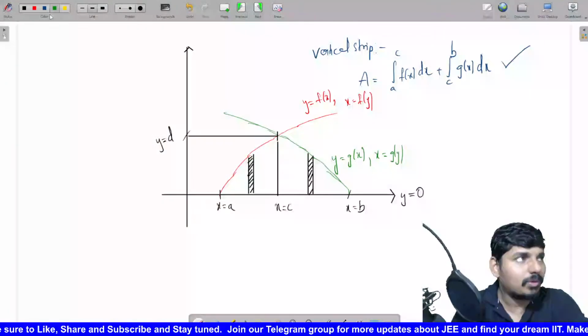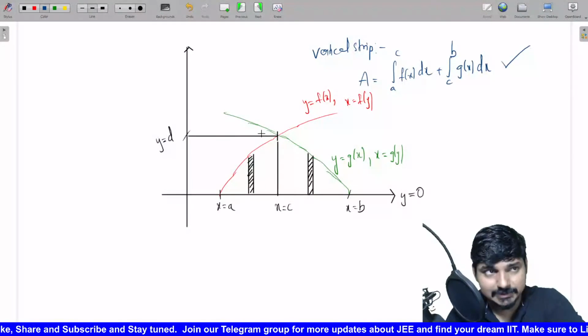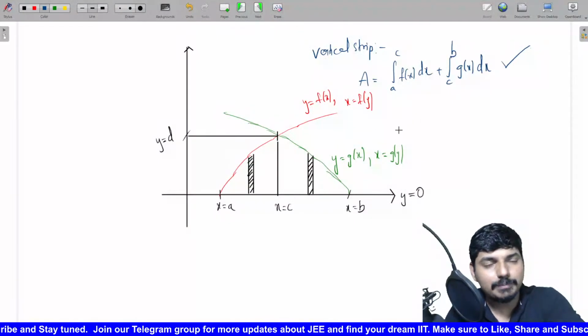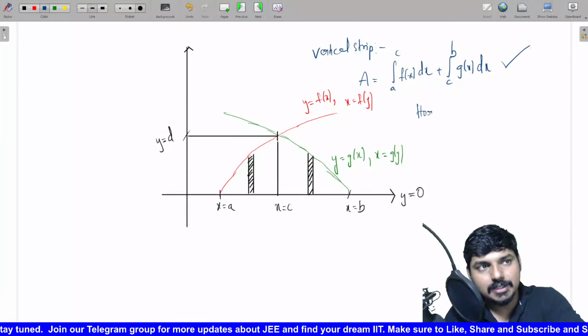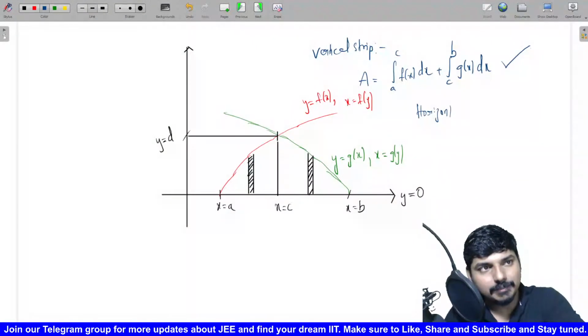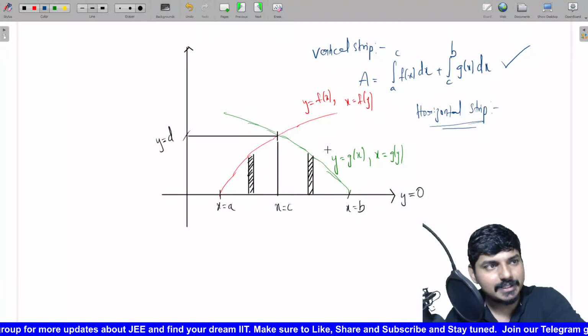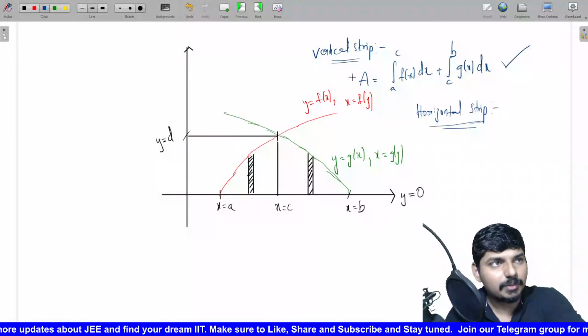Now, if you want to go with the horizontal strip, let us see what type of equation you are going to get to find the area. You need to find this region which we got here, and we need to figure out that area.